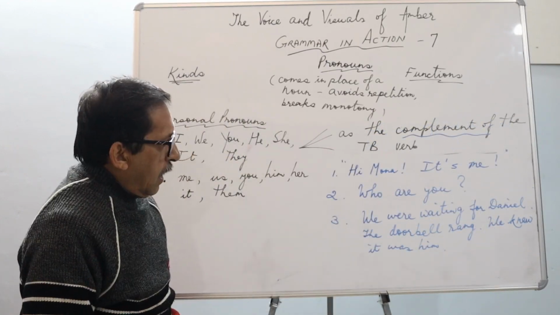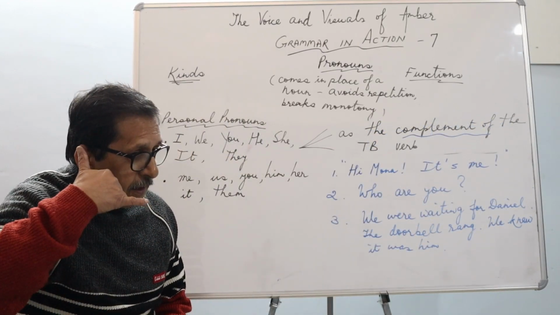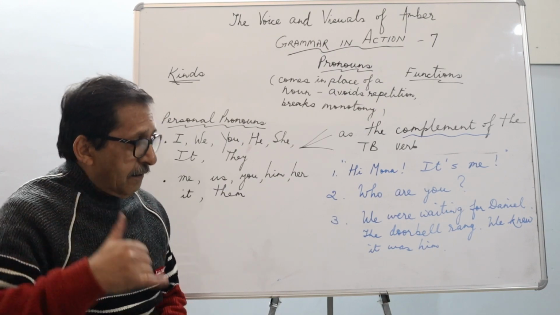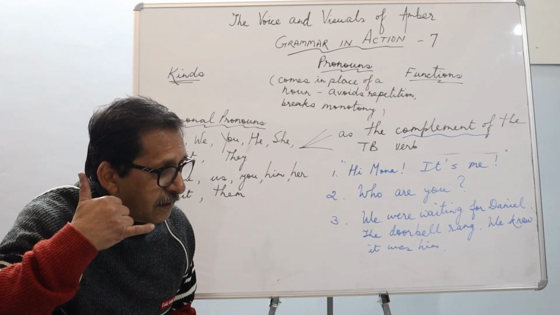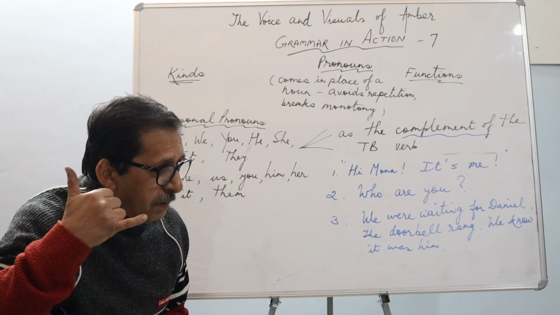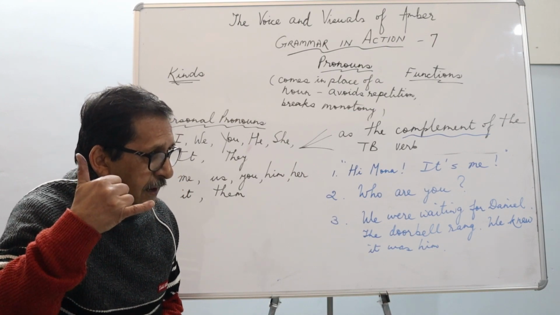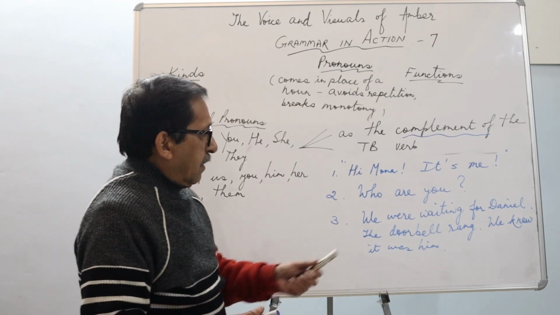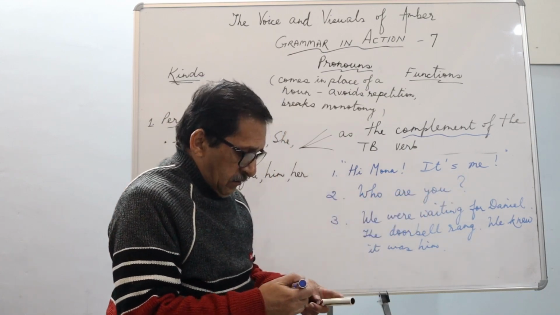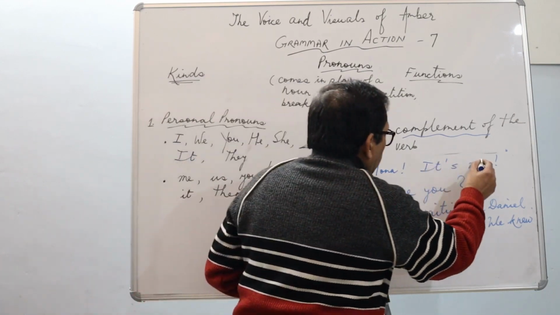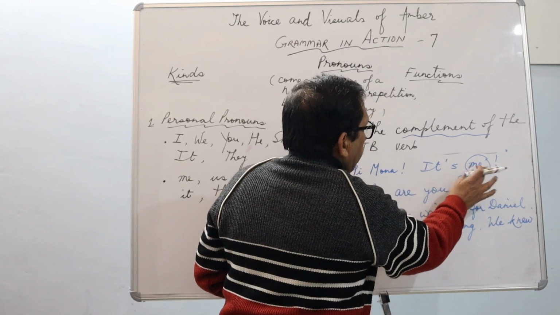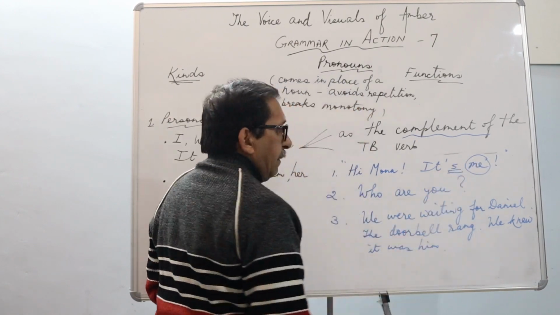Okay. Hi, Mona. It's me. All right. Can you recognize my voice? It's me. Yeah, Amber. So it's me. So you have the personal pronoun me over here, following the to be verb is.